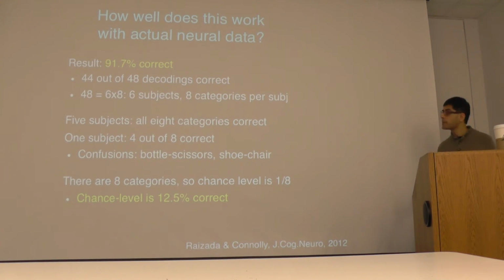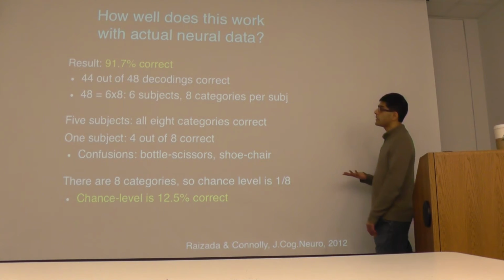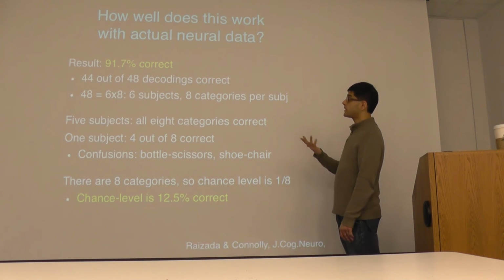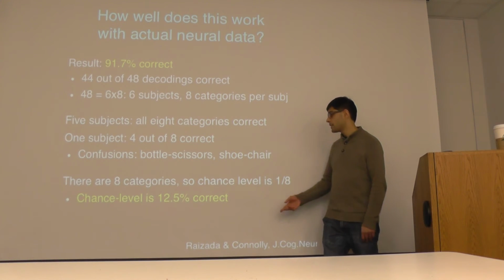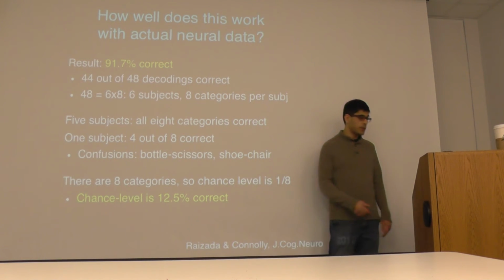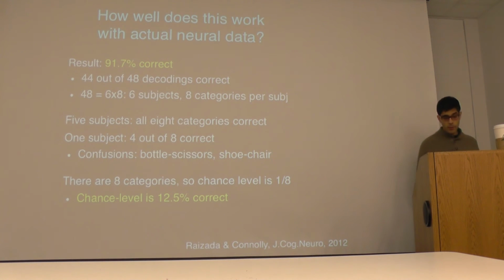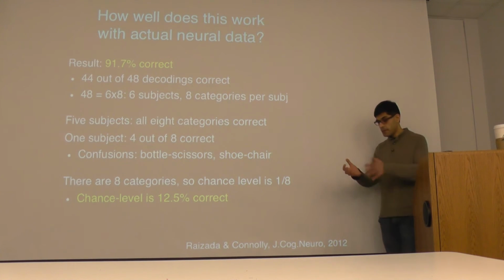And it actually turns out to give you the right answer 44 of the 48 times. So it does pretty well. Because there are 8 different labels, chance performance would just be 1 in 8, which is 12.5% correct.